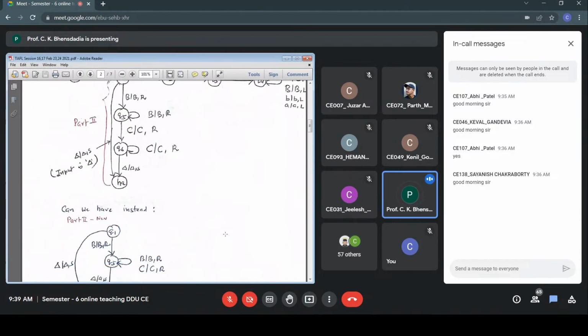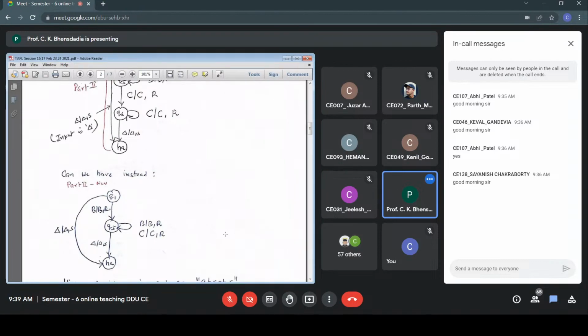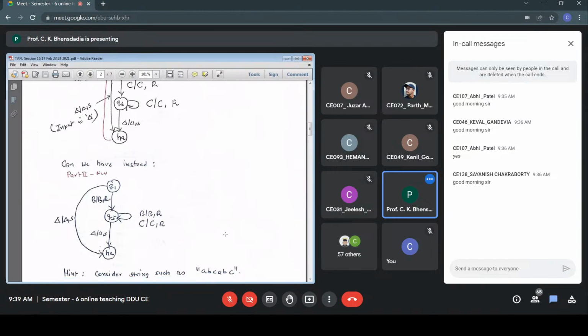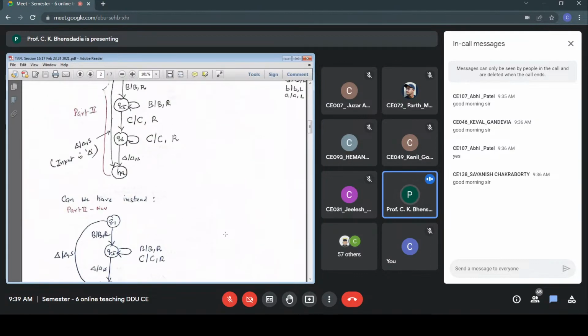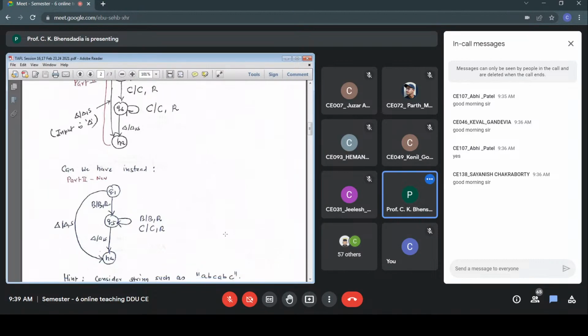And maybe we can think about clubbing this. We are merging Q5, Q6. It is BBR, and then we expect all B's and C's.